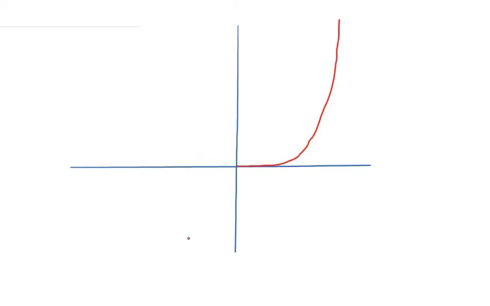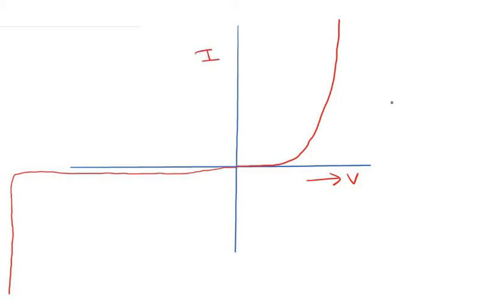So this is the current voltage characteristics of an actual diode. So this is V and this is I.